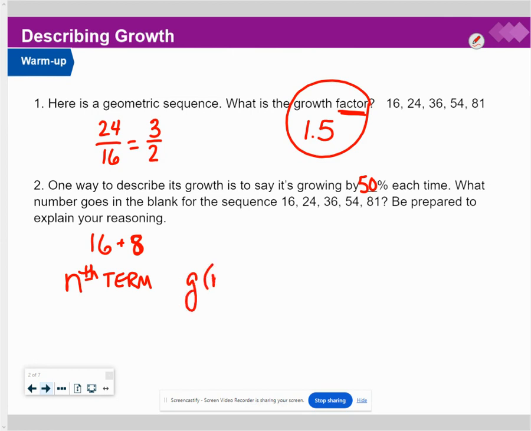G of n is going to be the first term that I've got there, 16, times 1.5, or 3 over 2, to the n power, if n is greater than or equal to 0.